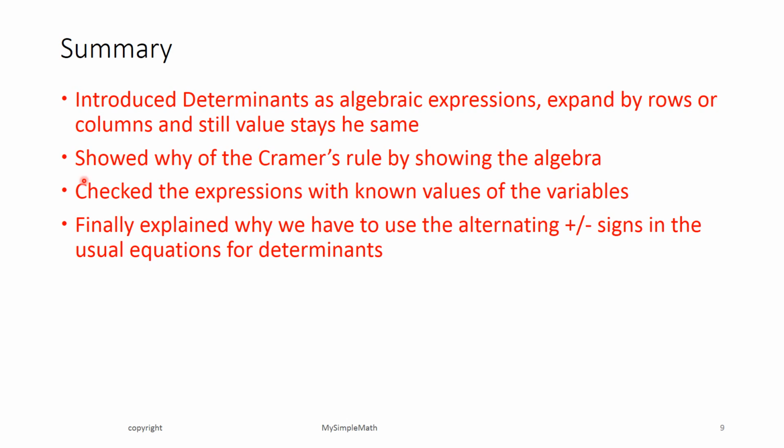I showed the why of Cramer's rule using algebra, as to why we need Cramer's rule, that is to get away from the zero division. We checked the expressions from Cramer's rule with known values of the variables, and finally we explained why we have to use the alternating plus and minus signs in the usual equation for the determinants. Also introduced the cofactors and the minors.